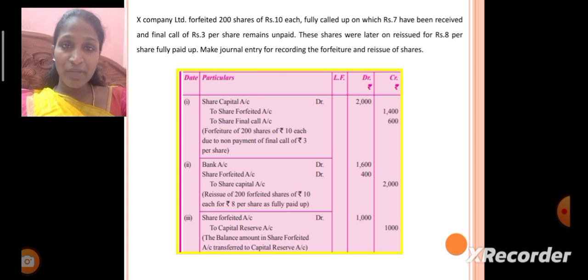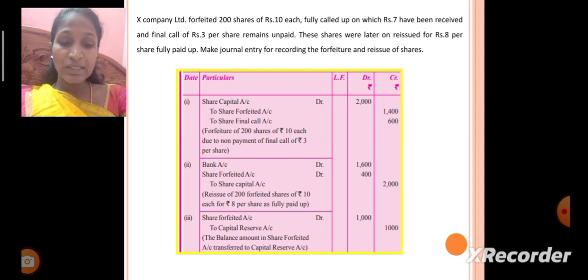When any shareholder fails to pay the allotment or the call money, either first call, second call or final call money, the company will break the relationship with its shareholder, that is termination of membership. Otherwise, we can say cancellation of shares by the company if the shareholder fails to pay the call money. This is known as forfeiture of shares.